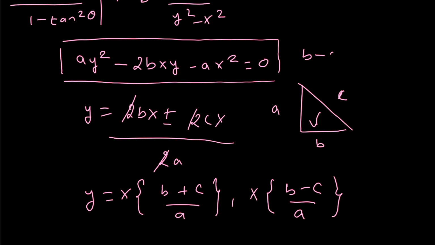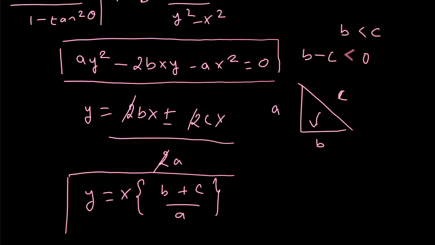So b minus c would be less than 0 since b is smaller than c. So if b minus c is less than 0, the value for y would be negative. This means we have to go with only the positive value, that y is equal to b plus c upon a, all multiplied with x, that is the radius. So here we have got the value for y in terms of a, b, c and x.